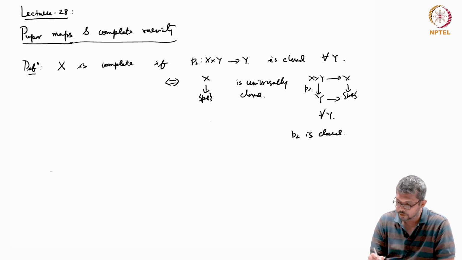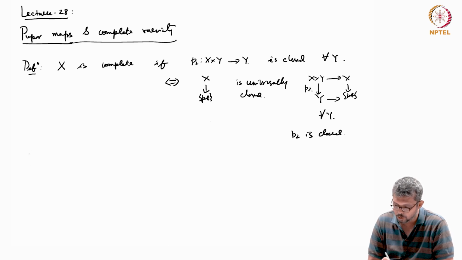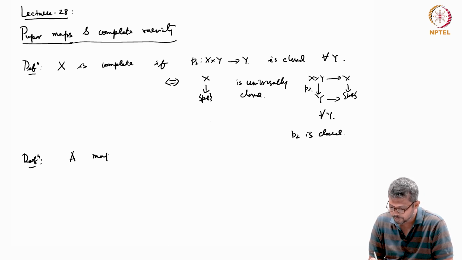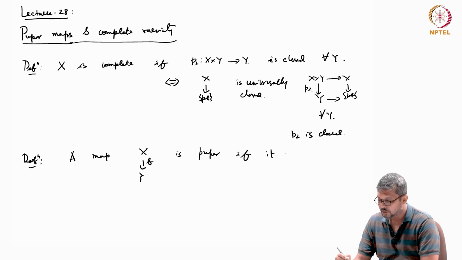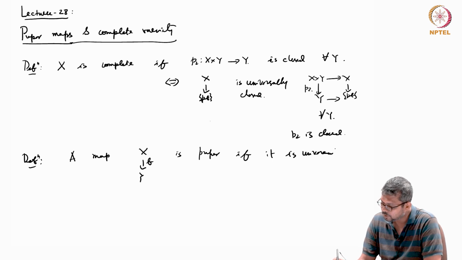And if you try to generalize this to a morphism, then you say that a map X to Y is proper if it is universally closed. So, what does it mean?